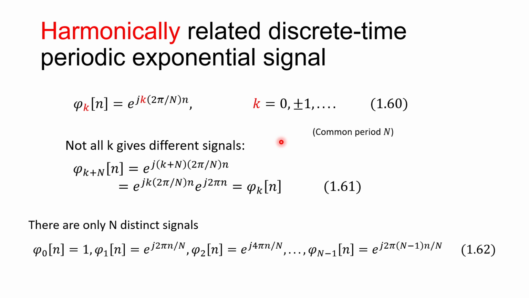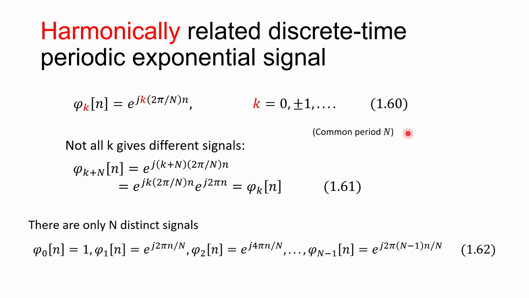So we had harmonically related periodic exponentials for continuous time, and obviously we have the same concept for discrete time. So those are the harmonically related periodic exponentials. Once again, the harmonically related complex exponentials are complex exponentials that all have a common period.